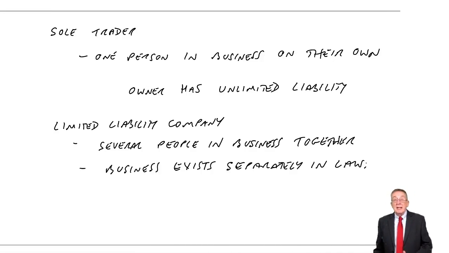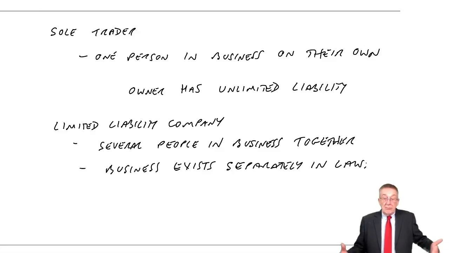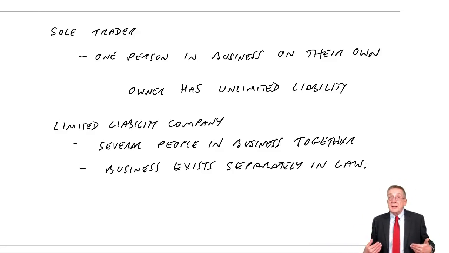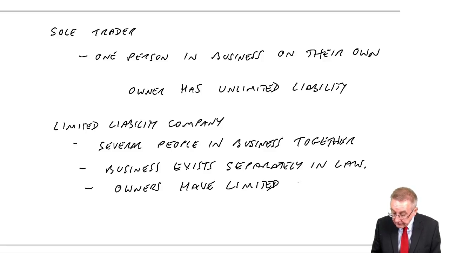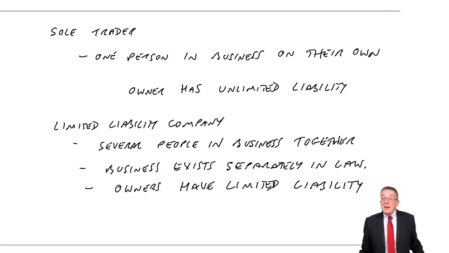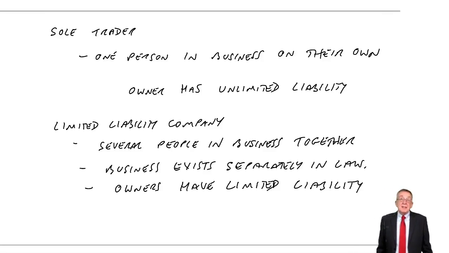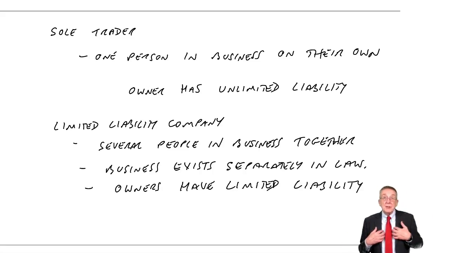So it exists separately. Any profits, fine, belong to the owners, but what's so important is the owners have limited liability. And what this means is that if the business collapses and it can't pay its bills, as an owner, this time I'm not responsible.